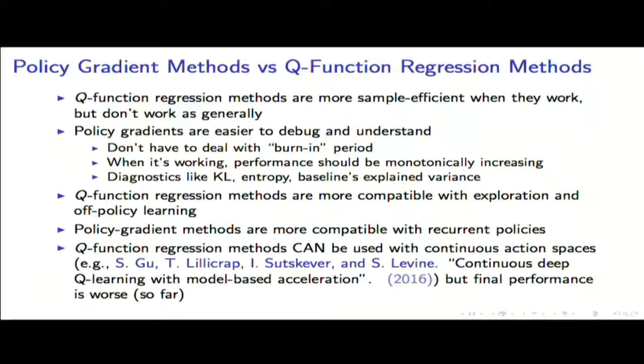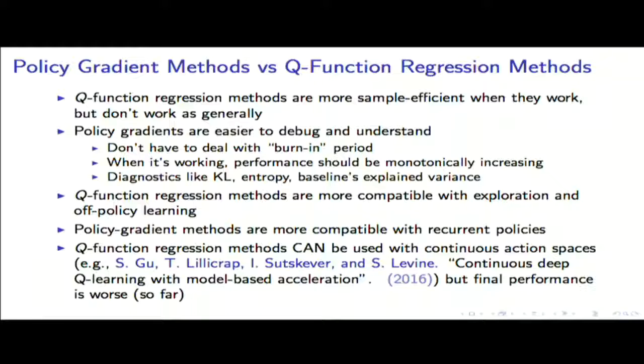Some people think Q-learning can't be used with continuous action spaces, but it can pretty straightforwardly. You have to choose a different kind of parameterization of the Q function than we used with DQN. Instead of outputting a Q value for every action, you output the parameters of some quadratic or some other functional form.